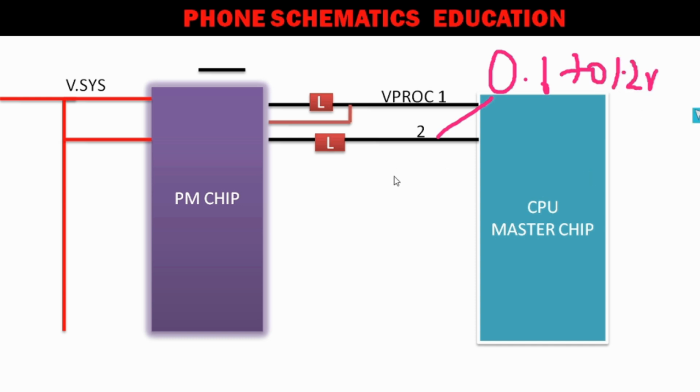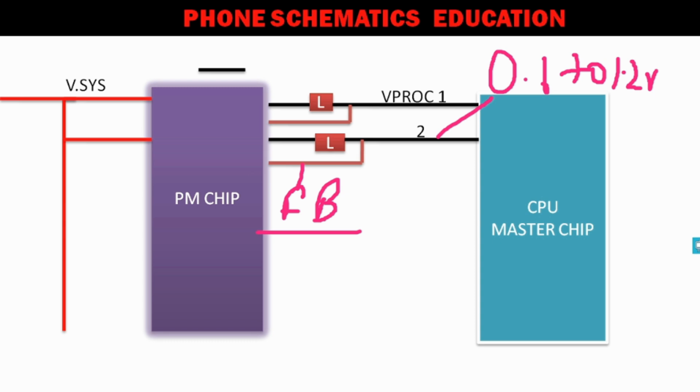After this a line goes back to the power IC from here. This line is called a feedback line. If this feedback line is open, damaged or short, your phone does not work. Remember this also. I hope you understood how this concept works.